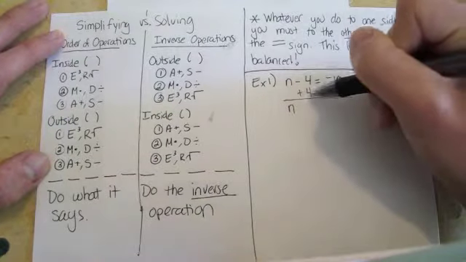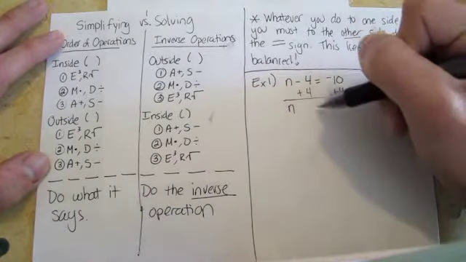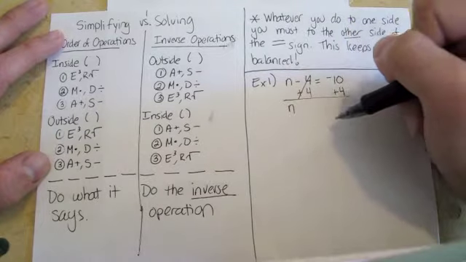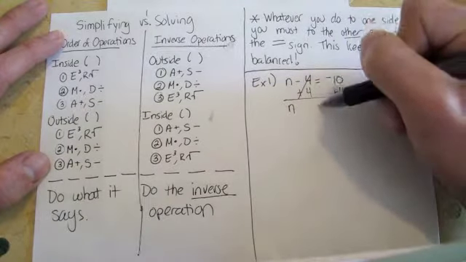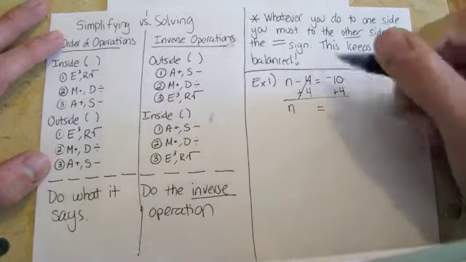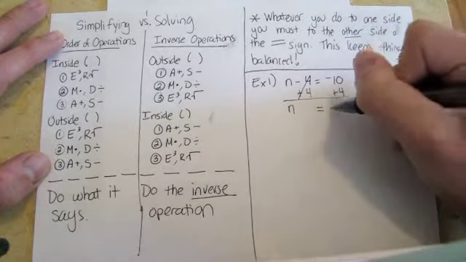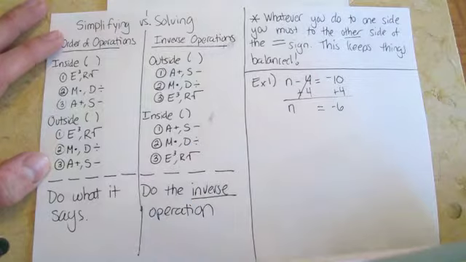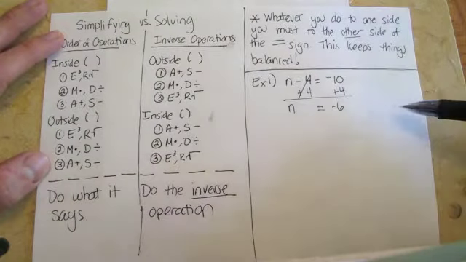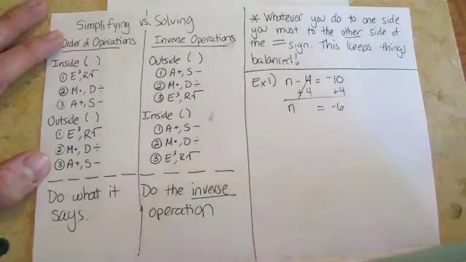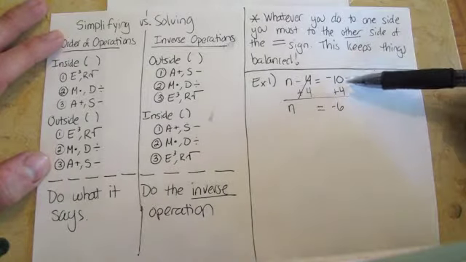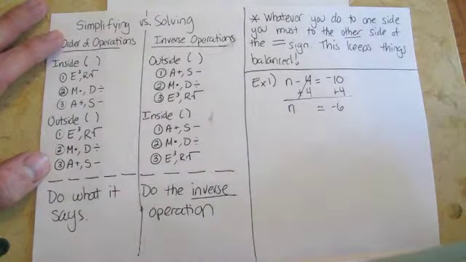Negative 4 plus 4, if you have 4 bad guys and 4 good guys, they're all gone. It equals 0. They cancel. You always want to bring down the equal sign. And then here we've got 10 bad guys and 4 good guys, so 6 bad guys are going to win. And if we read our line here, it says n equals negative 6. We're actually done. We figured out that to make this equation work, n equals negative 6.